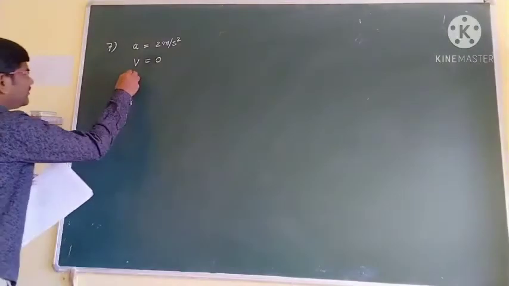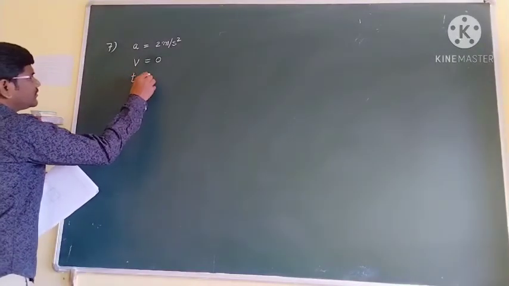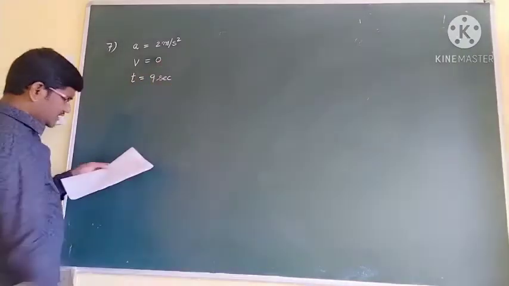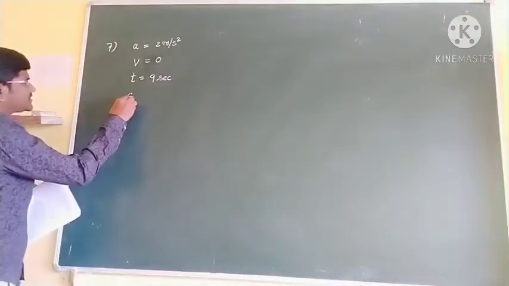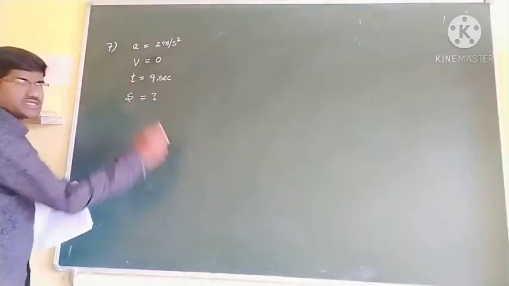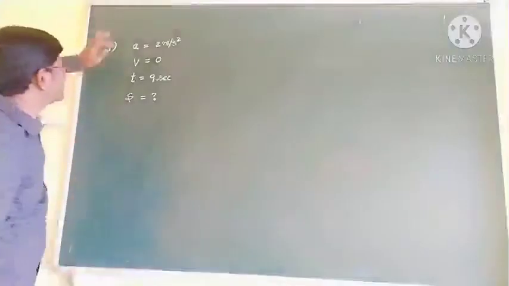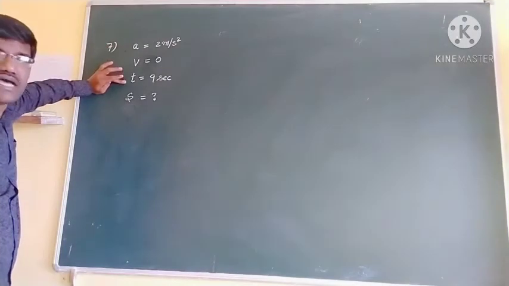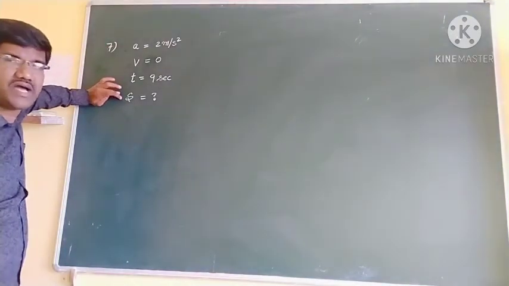In the time of 9 seconds, time t is equal to 9 seconds, find the stopping distance. Okay students, the question mark is stopping distance. They have given acceleration and final velocity, and time; displacement is what we have to find.